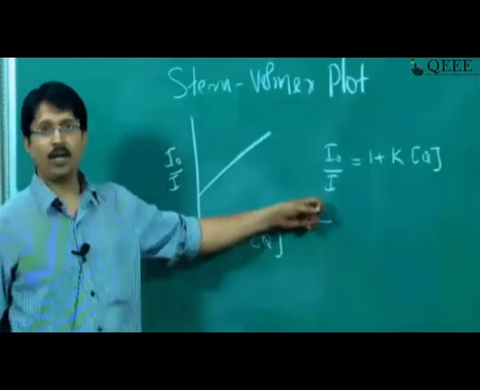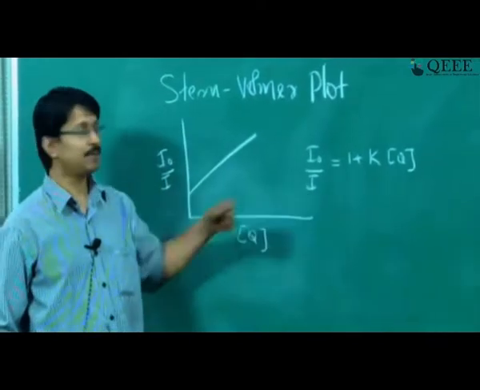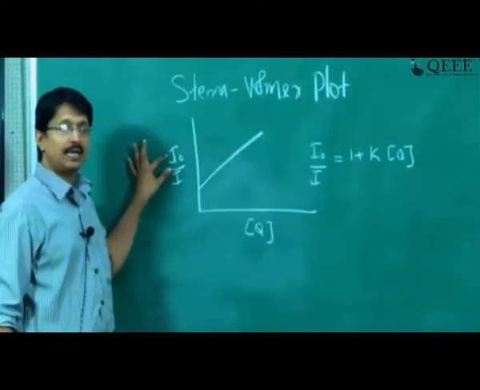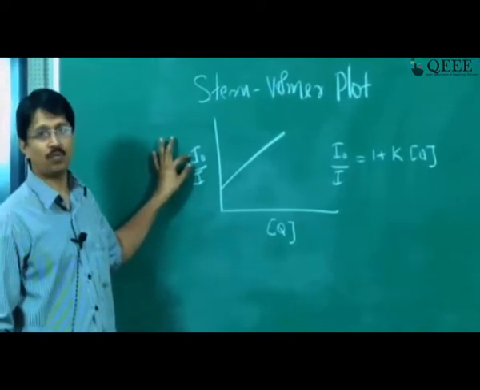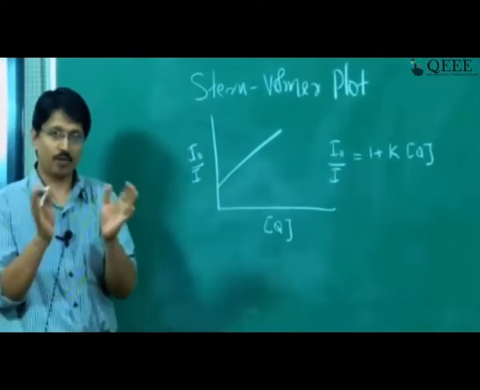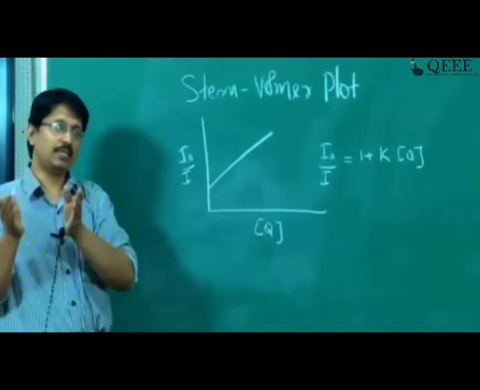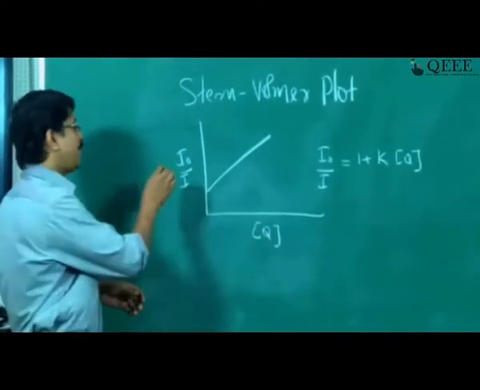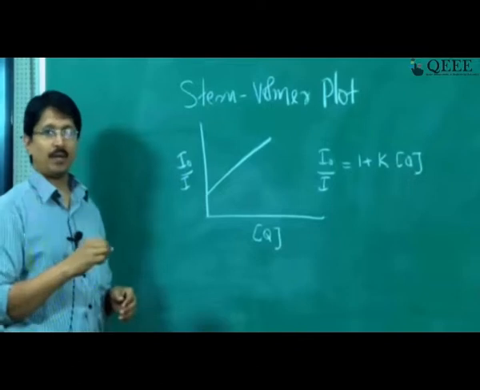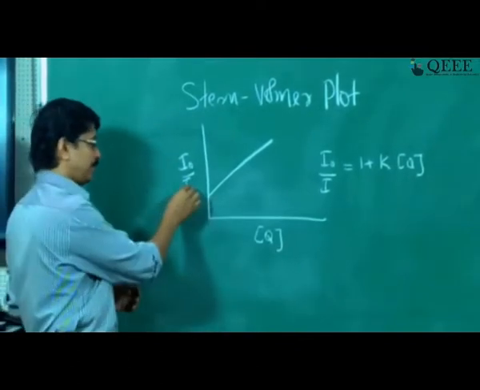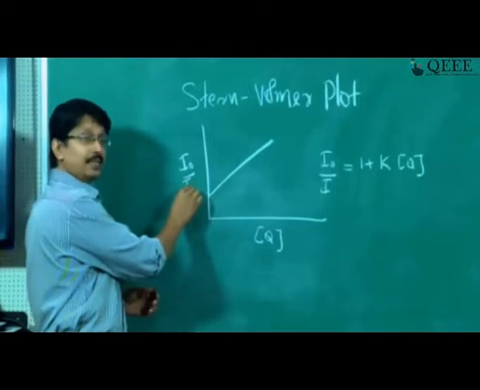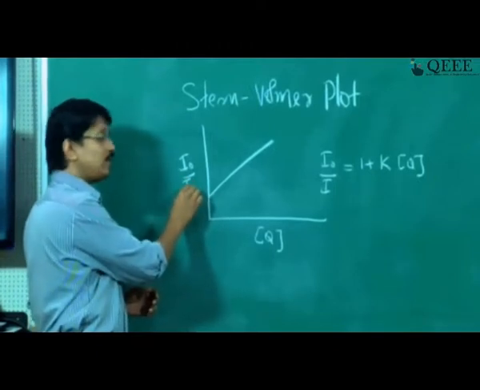It's like y is equal to mx plus c, a straight line equation. I0 is the intensity of the emitted light in the absence of quencher. That means if you take only the fluorophore and measure the intensity of the emission, that value is I0. When you add a particular amount of quencher, the intensity is going to decrease. That value is I.